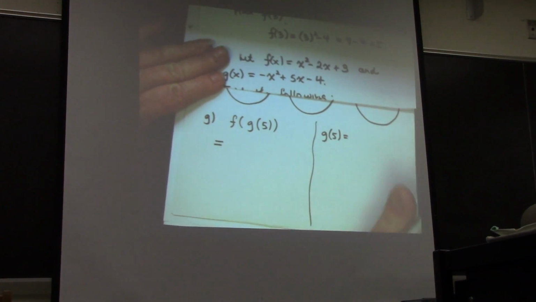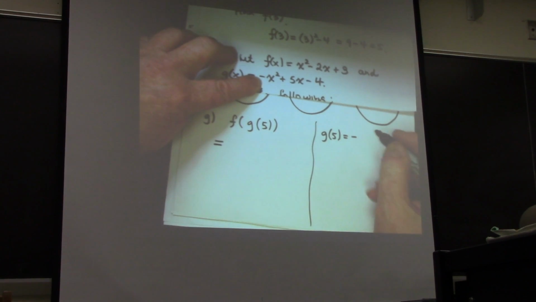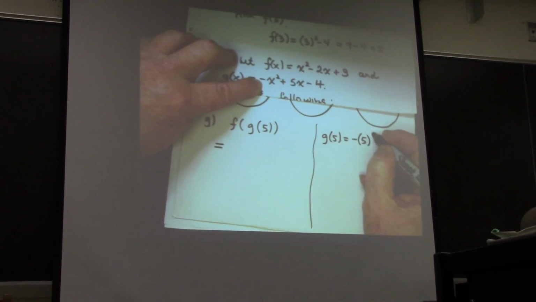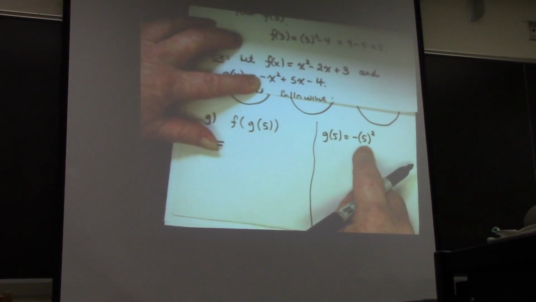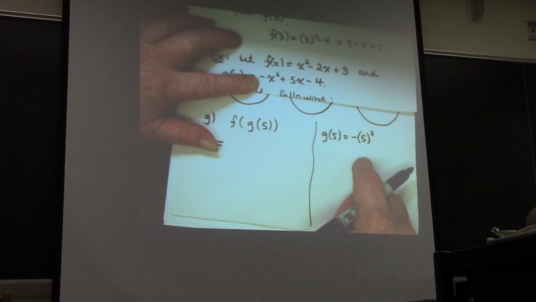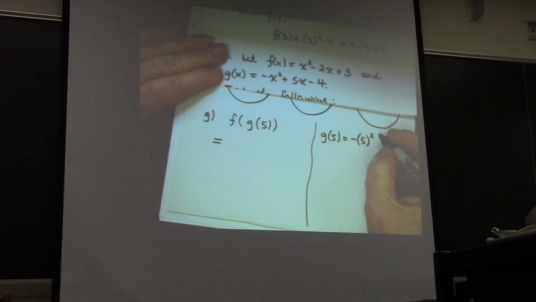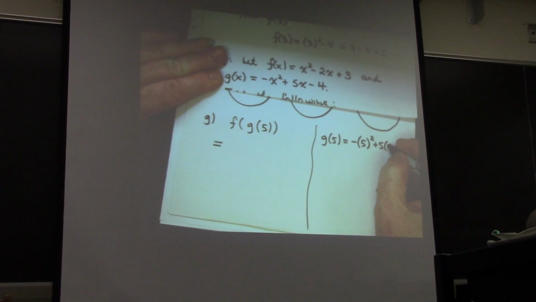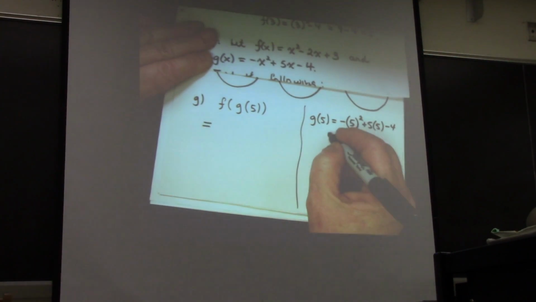So g of 5 is negative 5 squared. Notice where I put the square, it's outside. It's only the 5 that is squared. It's not negative 5 in parentheses squared. Plus 5 times 5 minus 4.